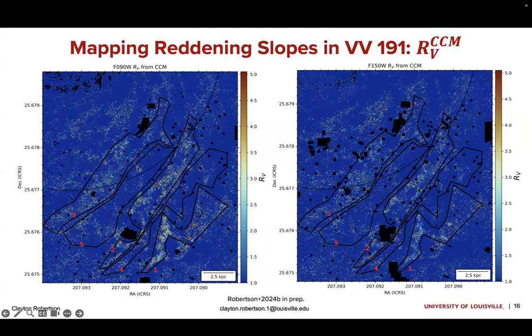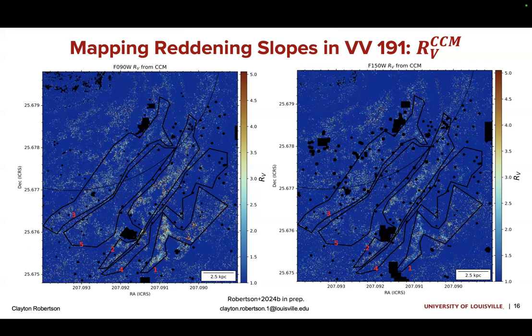And then each of these 5 zones, these are the 5 zones I mentioned earlier from Bill Keel's paper. These are the zones that he made of 3 spiral arms. So here is zone 1, zone 2, and zone 3, the spiral arms. And then zones 4 and 5 are on the inner arm regions. And so we're able to map out reddening slopes to directly compare the dense ISM, which are the spiral arms, and the diffuse ISM, which are the inner arms in between each of these spiral arms.